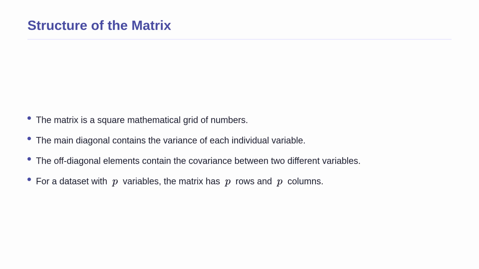In this specific matrix, the main diagonal, which is the line of numbers running from the top left corner to the bottom right corner, contains the variance of each individual variable. Every other position in the grid, called the off-diagonal elements, contains the covariance between two different variables. If we have a data set with a certain number of variables, let us call that number P, our matrix will have P rows and P columns.